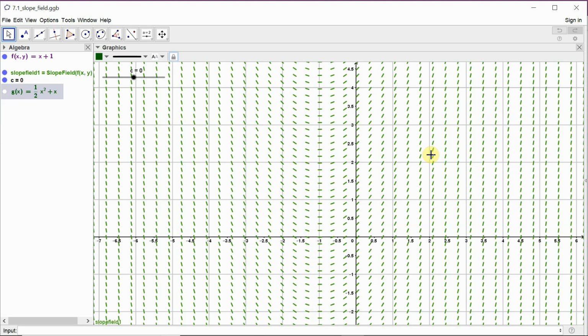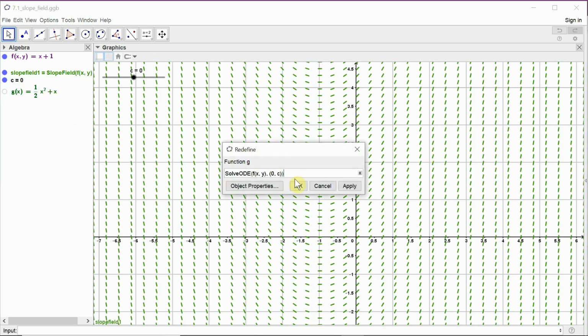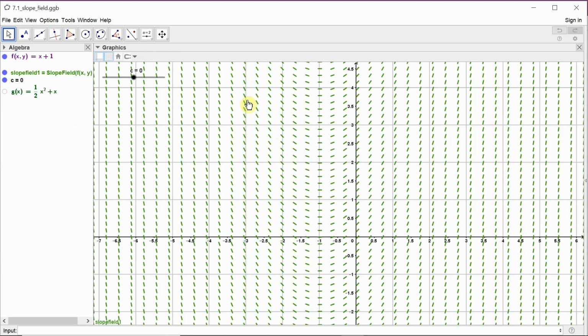Now, I hope as you're looking at this, you see a bunch of parabolas that are shifted vertically from each other, right? Now, our specific solution to that first problem, what point was it supposed to go through?